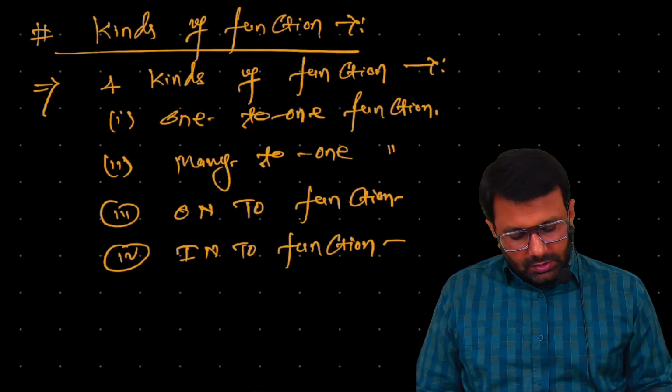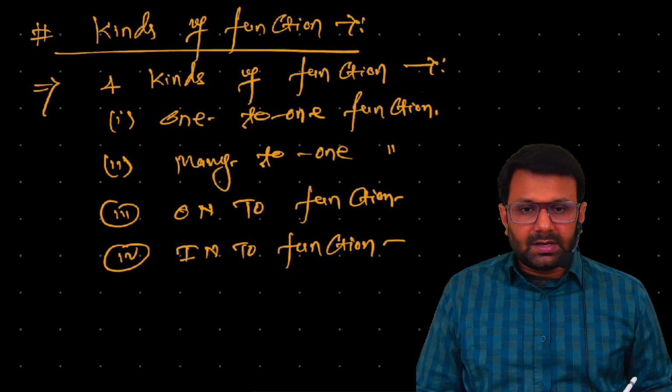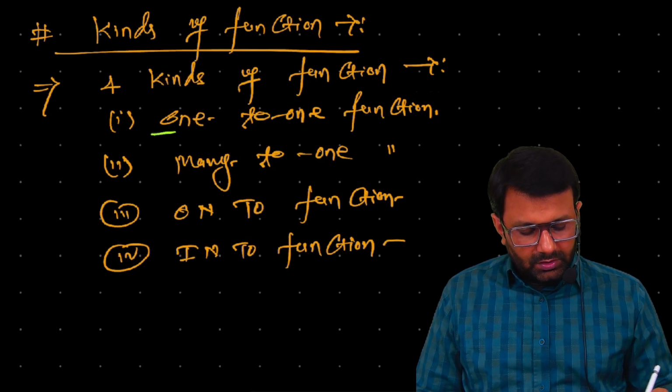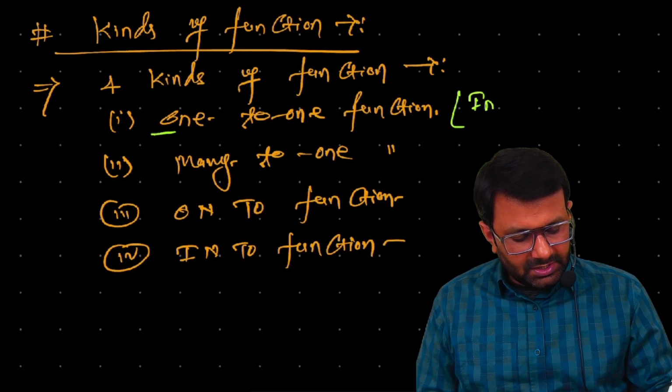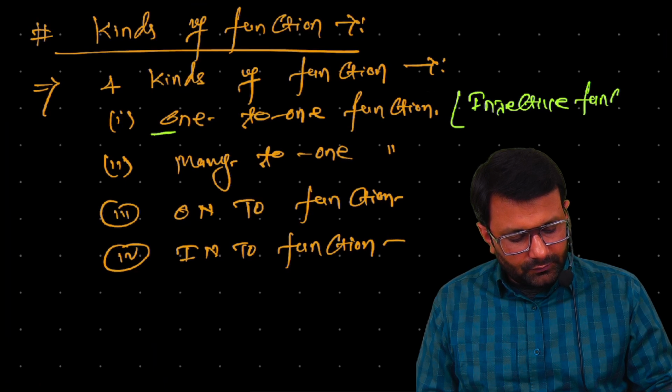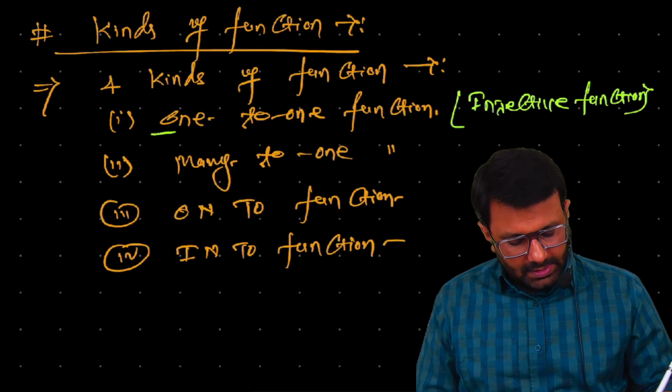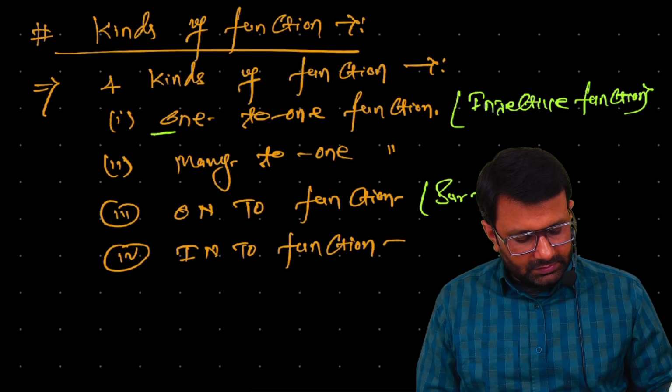Now, two of these functions have names starting with O. One to one function is also called injective function, and onto function is also called surjective function.